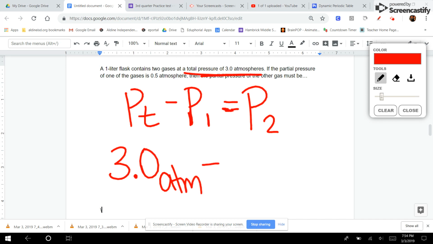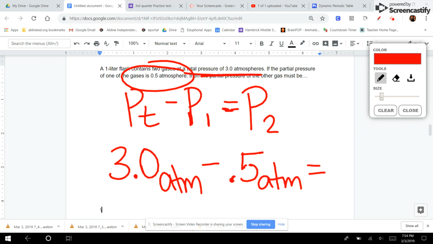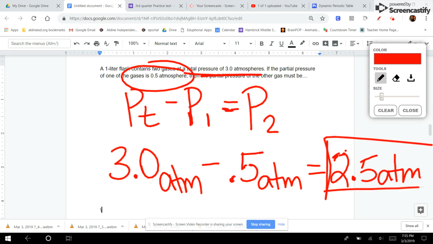My second partial pressure was 0.5. And that's going to equal P2. 3 minus 0.5 equals 2.5 atmospheres. Okay, so my second partial pressure has to be 2.5 atmospheres.